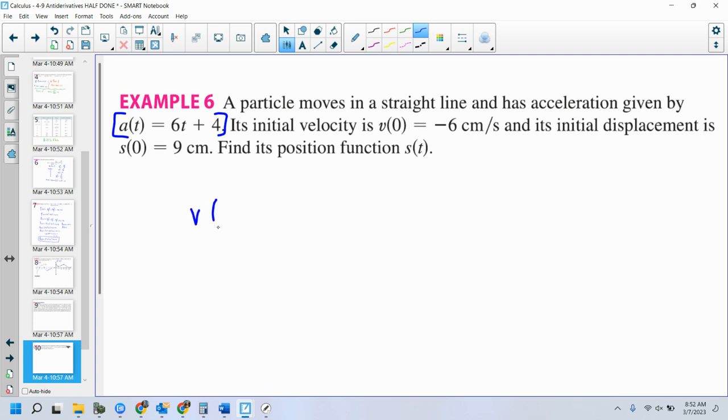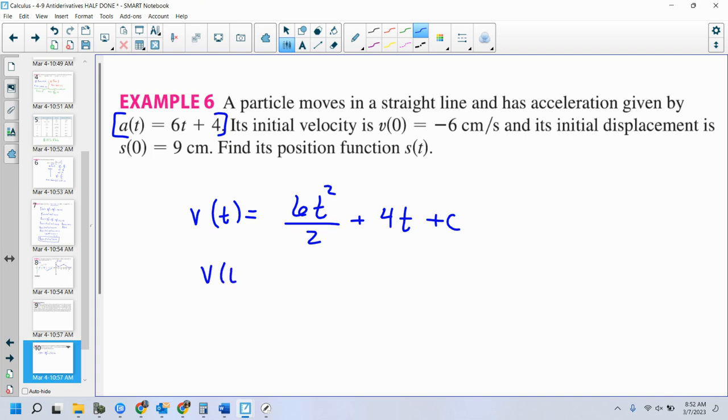Okay, so remember the velocity, v of t, is equal to the antiderivative of the acceleration. So if it's the antiderivative of acceleration, we kick up the power, divide by the power, put a t on there. What do I have to tack on at the end? Plus c.